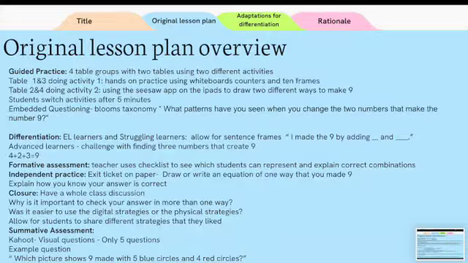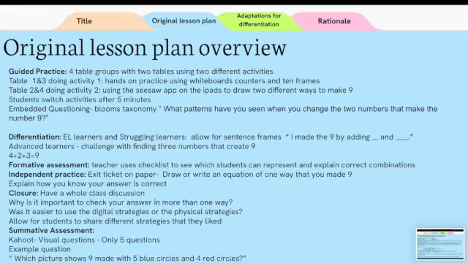In the guided practice section, we have 4 table groups with 2 tables using 2 different activities each. Tables 1 and 3 will be doing hands-on practice with whiteboards, counters, and 10 frames, so more of a physical activity.